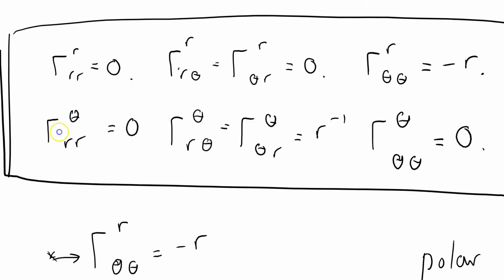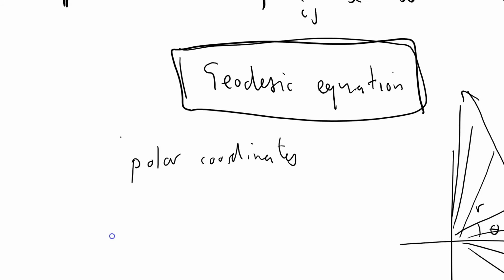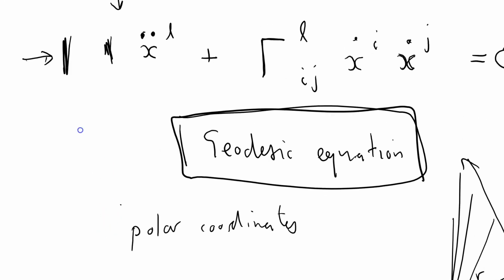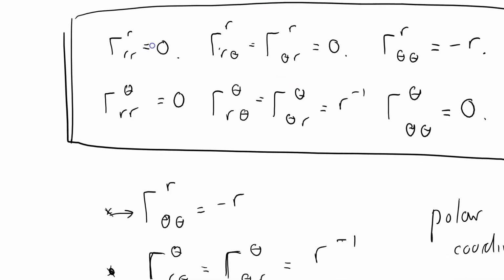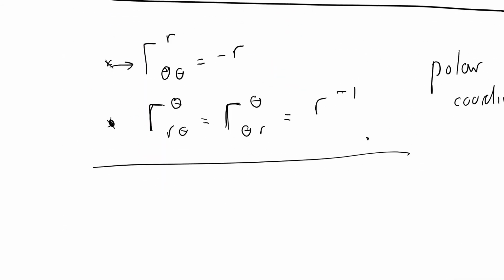So the reason I wanted to do that was because I wanted to solve the geodesic equation, which I've got written down here, x double dot l plus this lot here. So I'm going to write that down and show you how it works in polar coordinates. x double dot l plus Christoffel symbol l, ij, x dot i, x dot j equals 0.